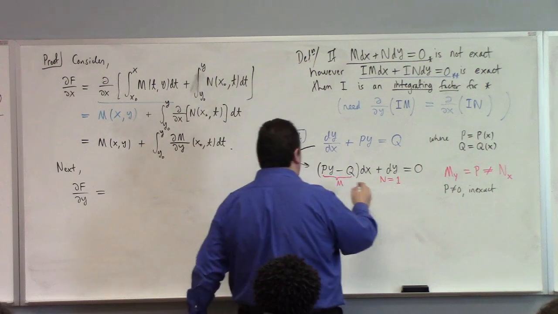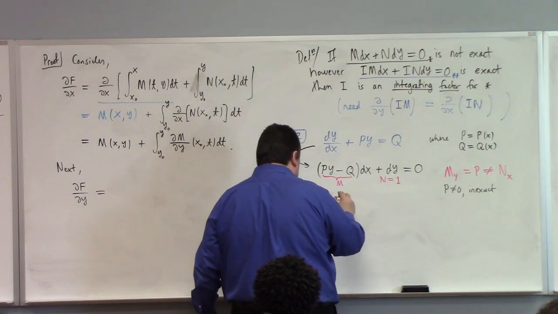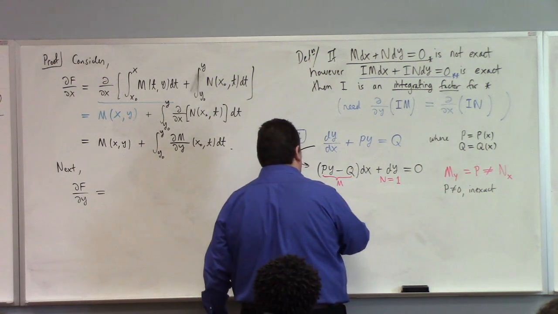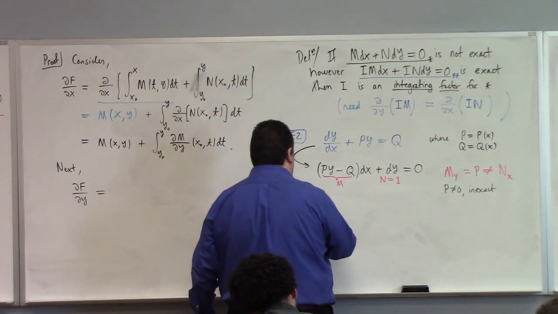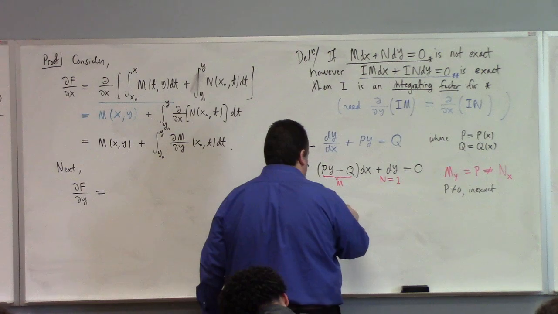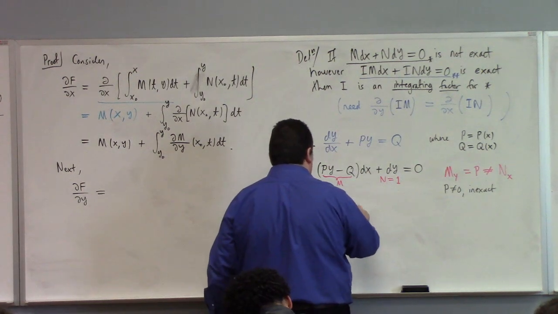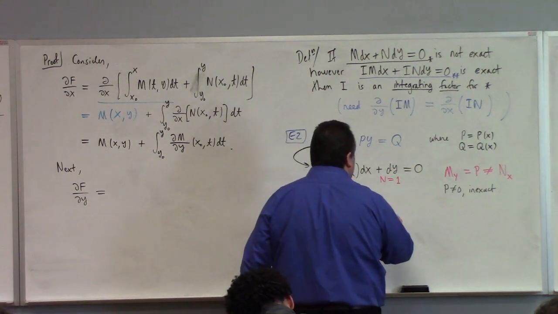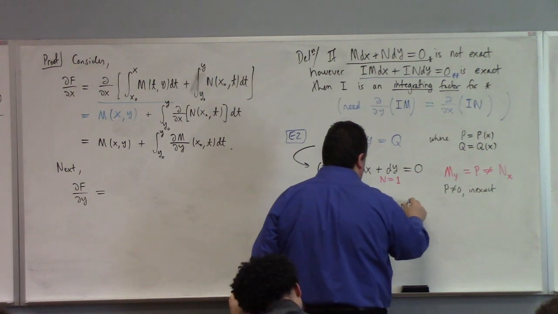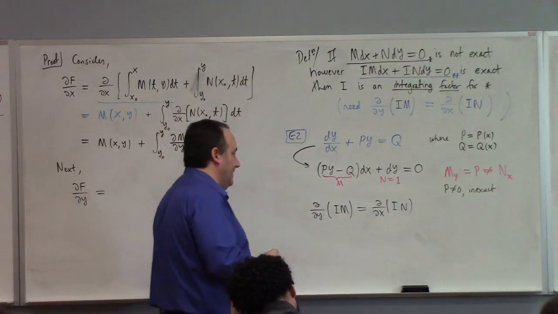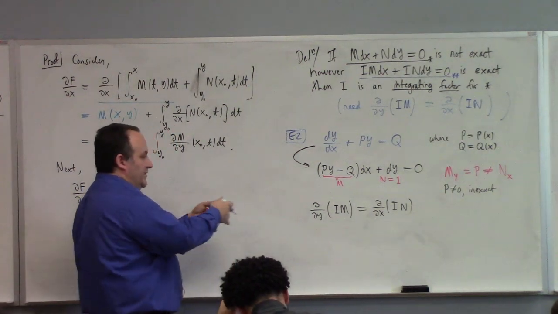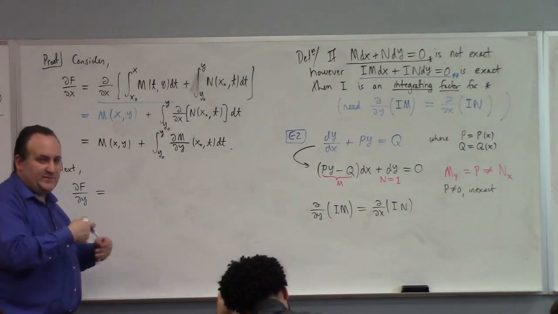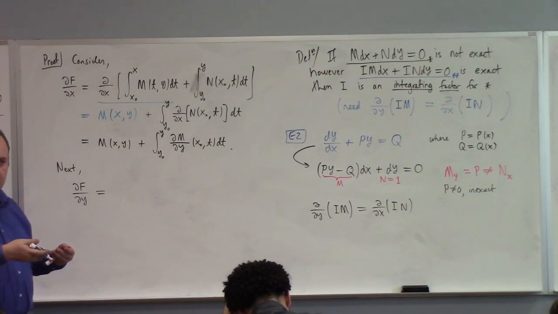So let's try. We want to have partial y of I times M equal to partial x of I times N, right? So that whatever we make our integrating factor, that's what it needs to solve, right?